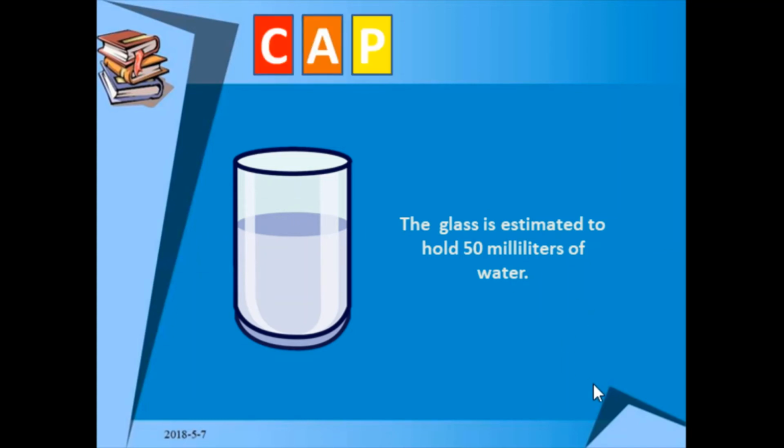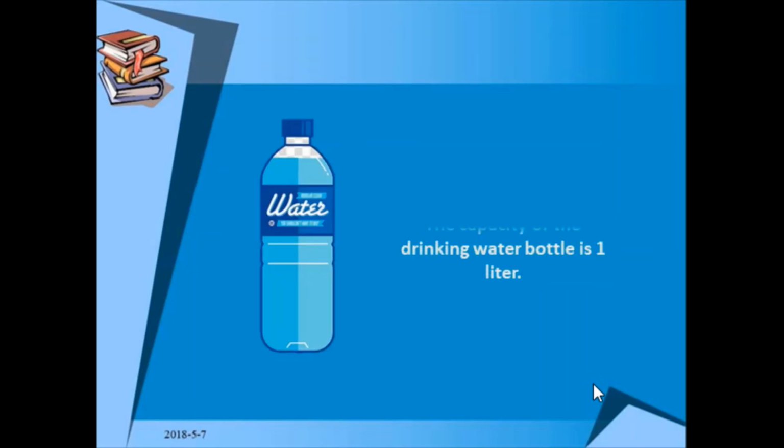Okay, let's have another example. What if this water bottle? Water bottle. How do we say the water bottle's capacity? It could be the capacity of the drinking water bottle is 1 liter. Okay? I'll repeat. The capacity of the drinking water bottle is 1 liter.